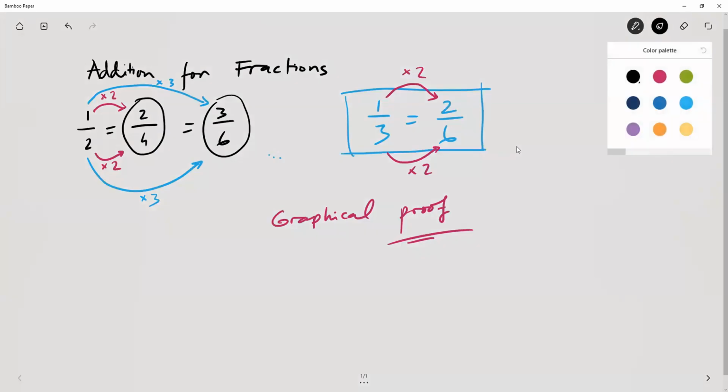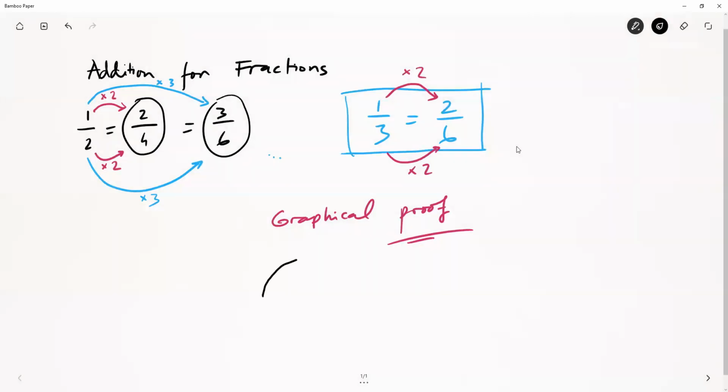They need to draw 1/3 into a diagram, and this is normally what they will draw. We can draw a pie like this, and if you want to have 1/3, you will have 1 pie divided into 3 sections equally, like that, and then this is 1/3.